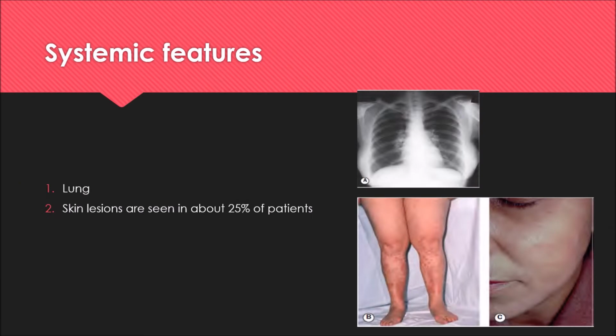Now, coming to the systemic features, the lung disease, as it is detected on the X-ray, ranges from mild parenchymal infiltration to severe pulmonary fibrosis. In this X-ray here, there is bilateral hilar lymphadenopathy seen here.